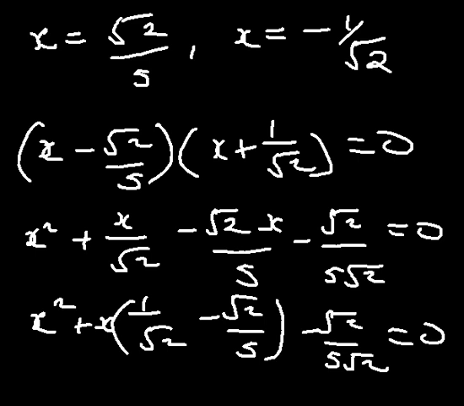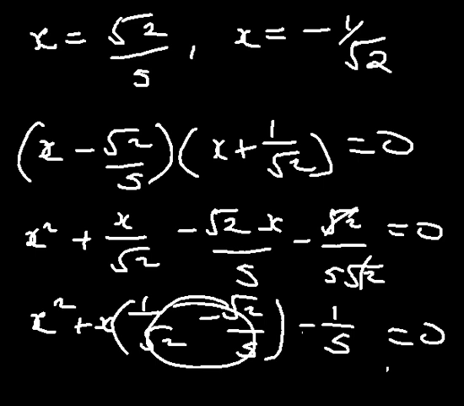Now the roots will cancel, which surprised me at first, and I'll have negative 1 over 5. Of course, you have to express this as a single fraction, but that's how you understand it.